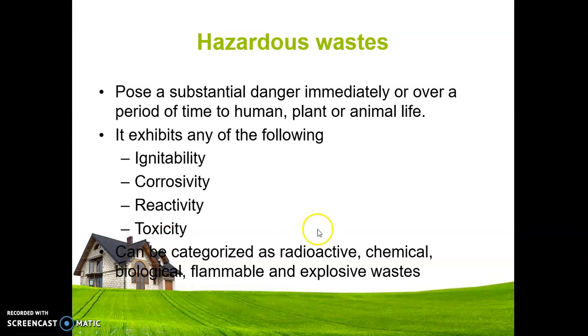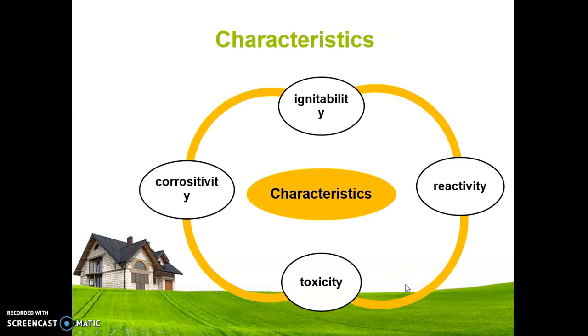It can be categorized as radioactive, chemical, biological, flammable, and explosive as well, right? These are the four important characteristics of hazardous waste. If your waste has one of these, it can be regarded as hazardous waste as well, right?